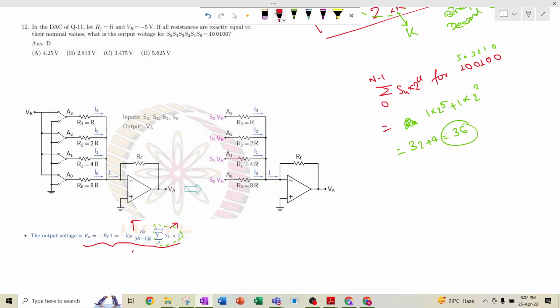So now we can write that the output voltage VO will be minus VR divided by 2 to the power n minus 1, into RF by R, into 36.